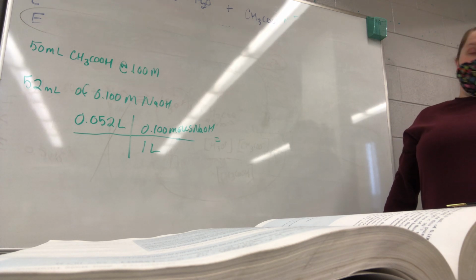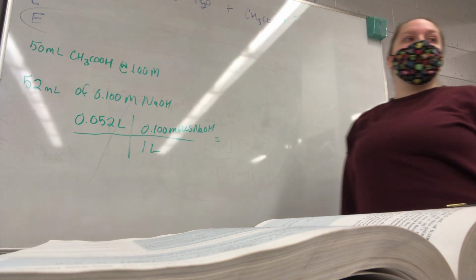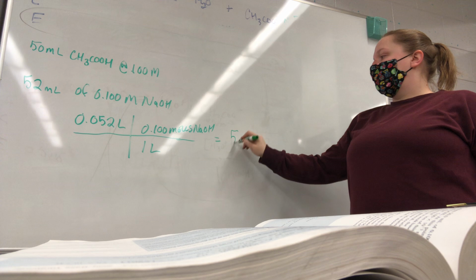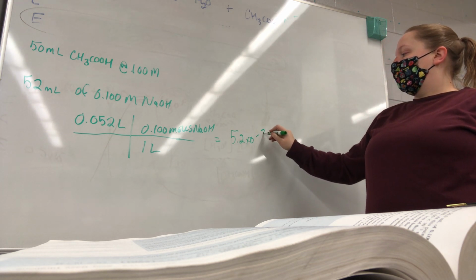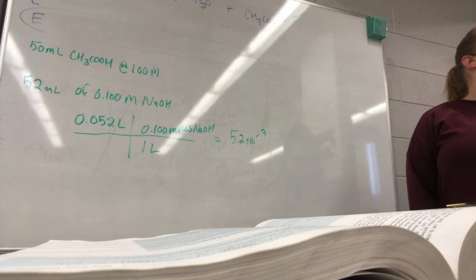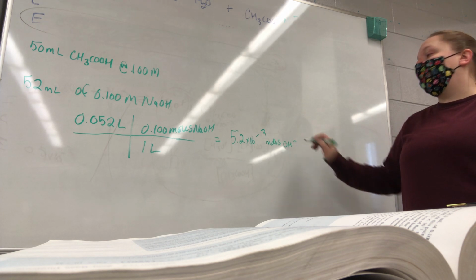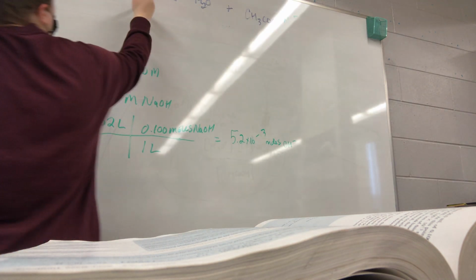Off the top, you're doing NaOH, and then... What'd you get? 5.2 times... Okay? That's our number of moles of OH minus, so that's what's going to get added here.